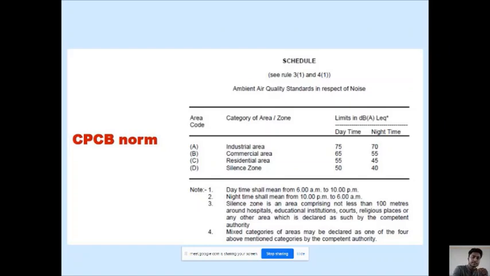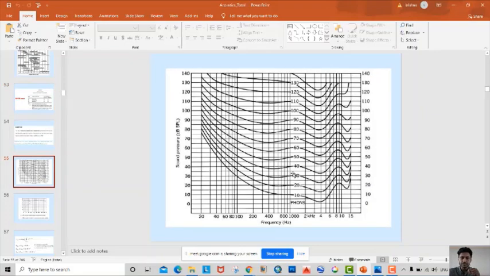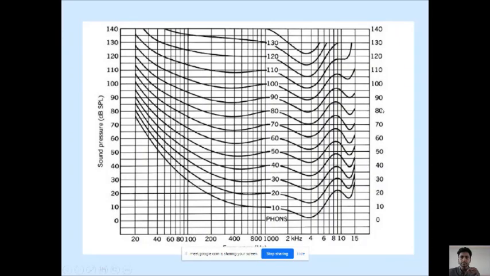Let's see. We also spent some time on this graph, and we know this is sound pressure level, which is mentioned in dB, and this curve contour is called equal loudness contours. This contour shows the loudness of sound. As we discussed in the second class, sound intensity and sound pressure level, which is in dB, are physical entities.